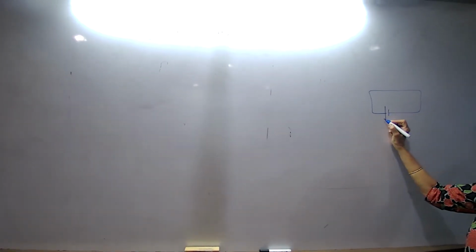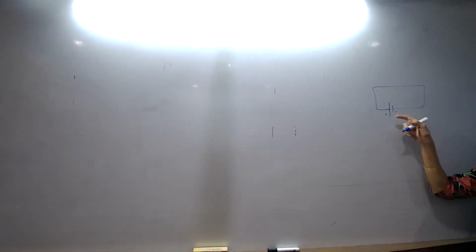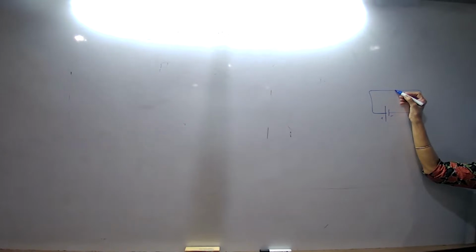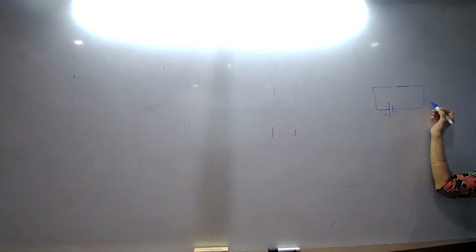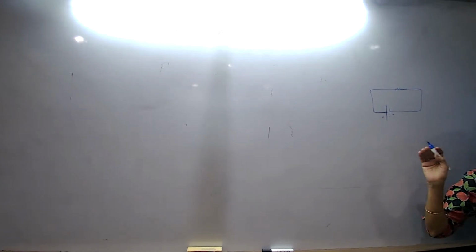Electromagnet. Now, there was another thing I was telling you last time regarding the direction of the current. This is your positive and this is your negative. I'm not drawing the other things; maybe you have a resistor here, an ammeter, a key, etc. Conventional flow of current is from where to where?